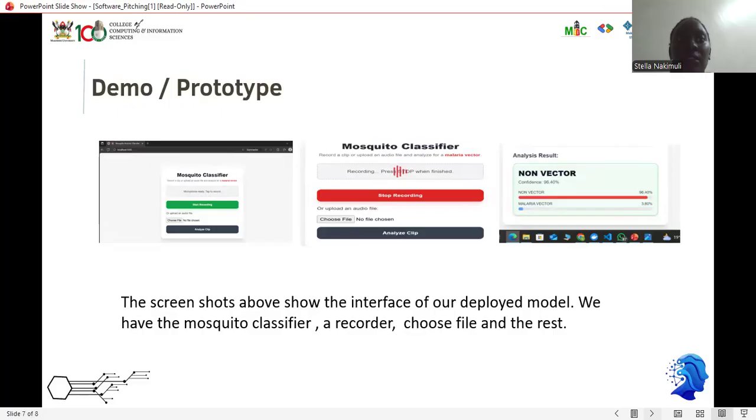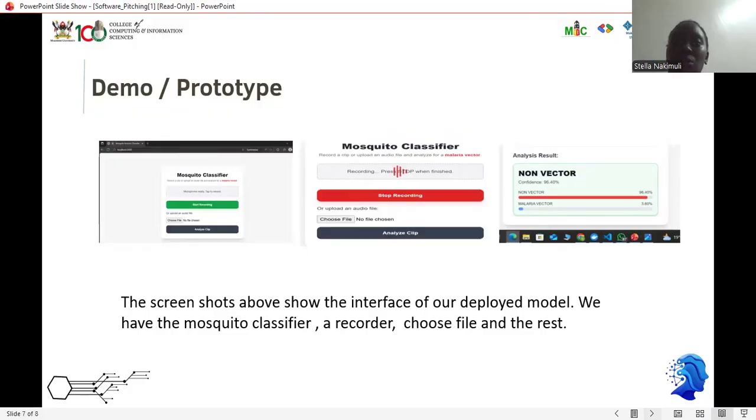And this is the demo of our prototype. This is the point we are at in this project. We came up with a mosquito classifier, and we were able to build a deployed product of our smart mosquito trap.